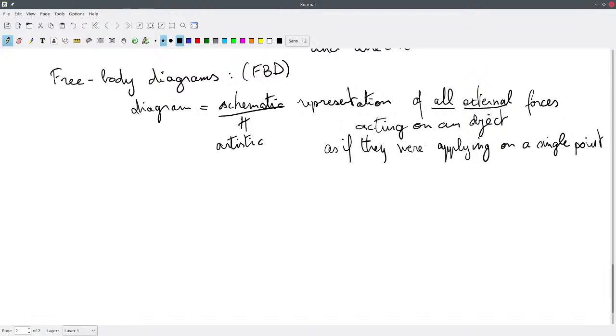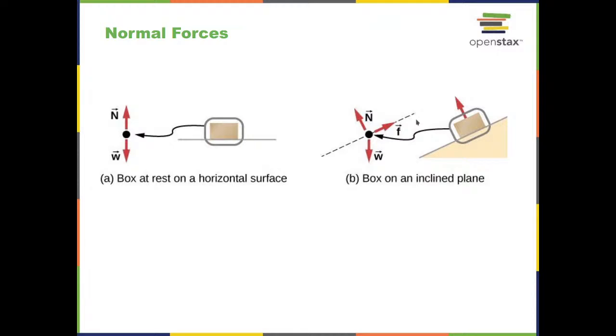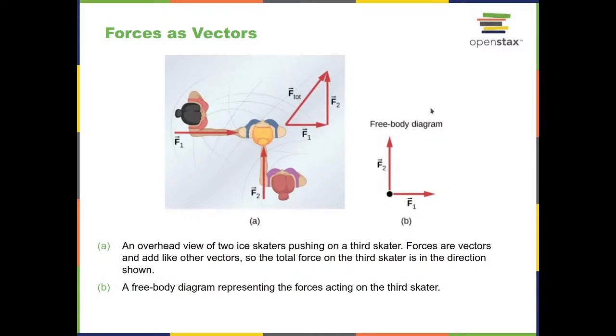So in the case of this ice skating scenario, there's the free body diagram. We've got two forces. F1 is in this direction, F2 is in that direction, and it is common to have the arrows pointing, and it is not just common, but it leads to the least amount of confusion if you do this, to have the arrows coming out of this point. You might think of this more as pulling in this direction and pulling in that direction, but because this is a point anyway, that's equivalent to pushing F1 in this direction or pushing F2 in that direction.